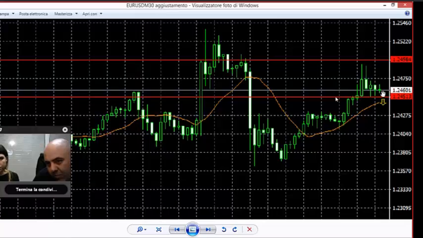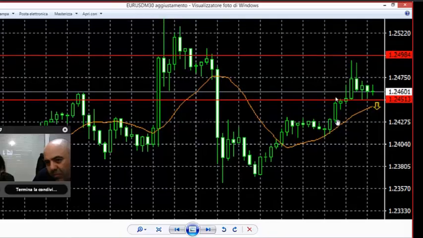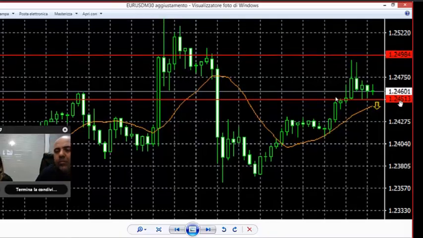As you can see, the trend is down on 30 minutes, but sell only below 51 instead of 48. Remember, the first 30 minutes was 48 on the downside. Now it's 51. Now it's 124 and 51.